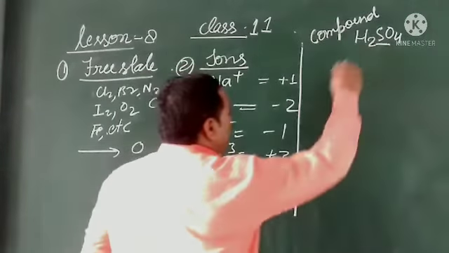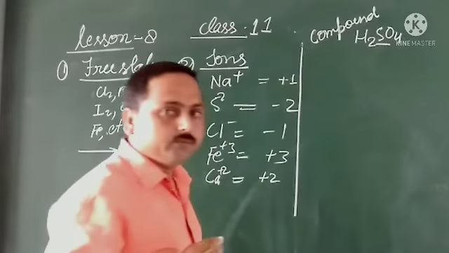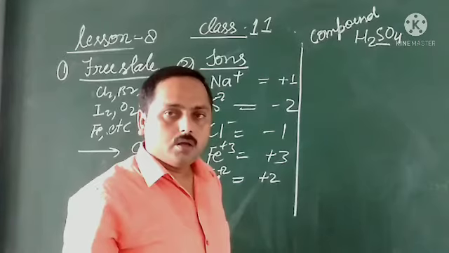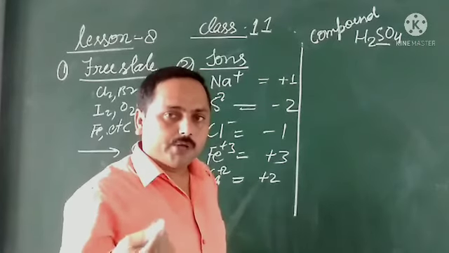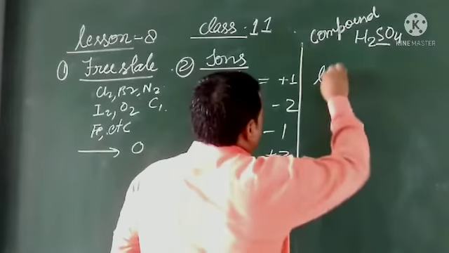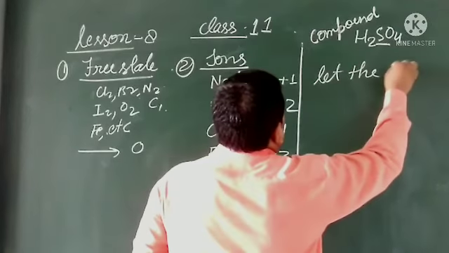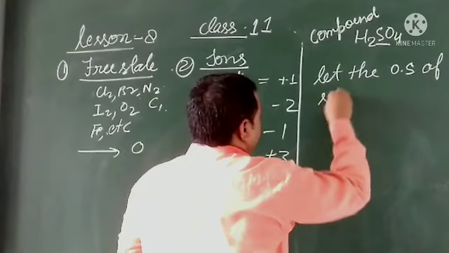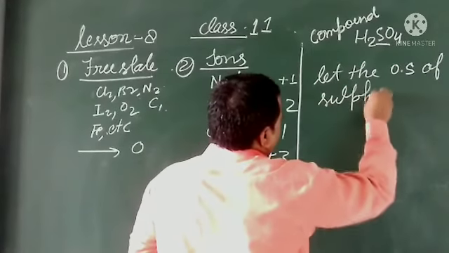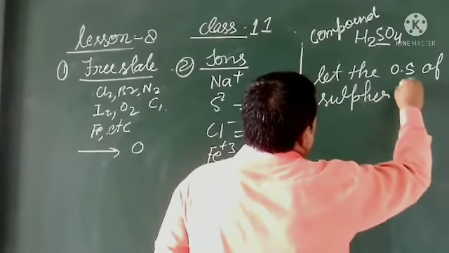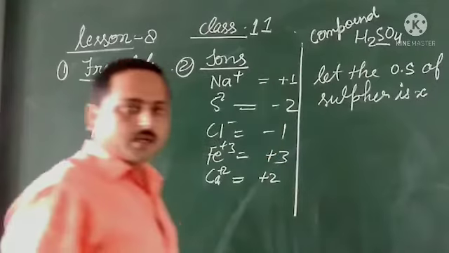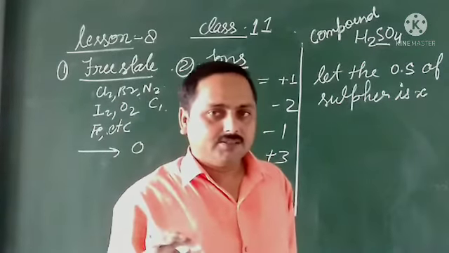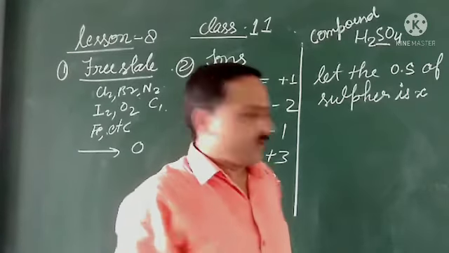First, whose oxidation state we are going to calculate, we don't know, so we have to assume. Let the oxidation state of sulfur, which we are going to calculate, be X. Clear here? I think it is clear. Any doubt there? Some students have doubt, so it will be clear.